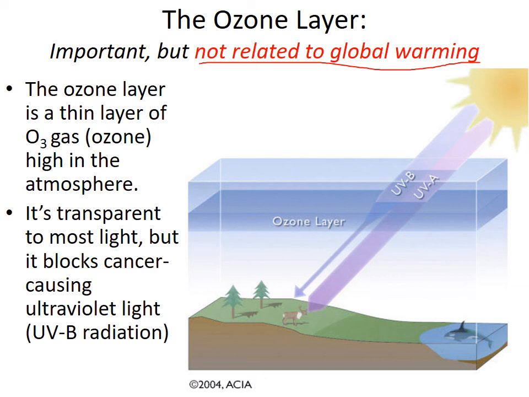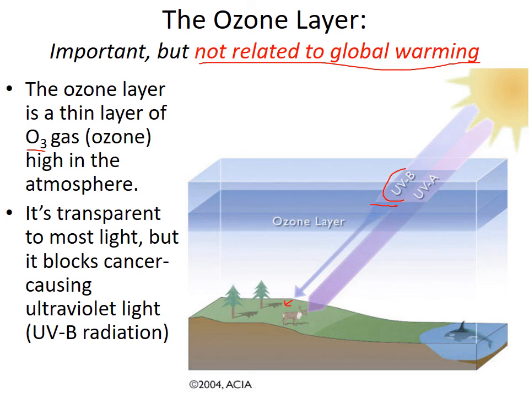Okay, so the ozone layer is a thin layer of O3 gas, which we call ozone, which is high in the atmosphere. And so it's transparent to most wavelengths of light, like the visible light that we see, but it's not transparent to UVB ultraviolet radiation. It blocks a lot of the UVB radiation from getting to the surface of the Earth.